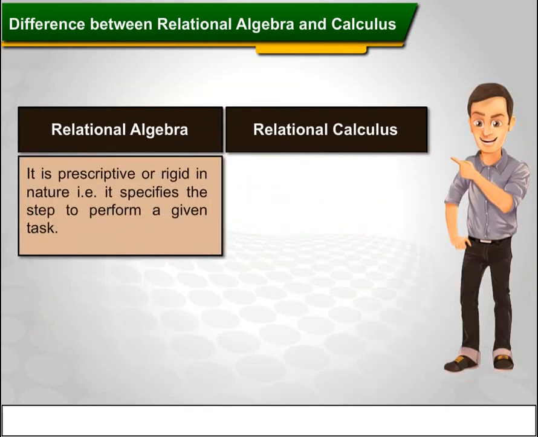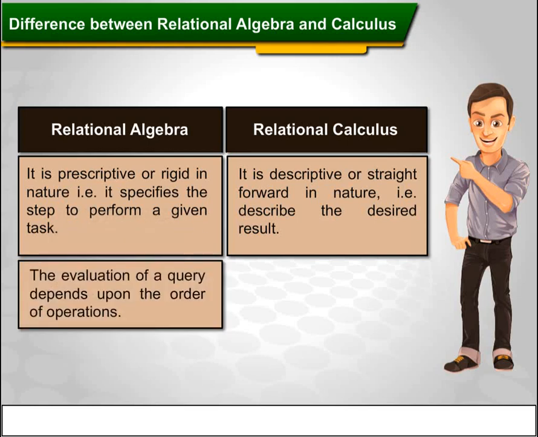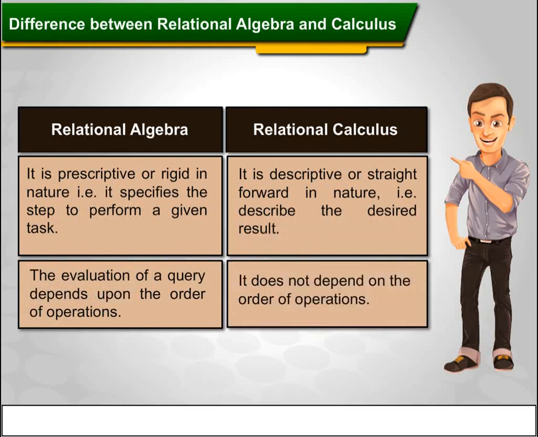Relational algebra is prescriptive or rigid in nature, that is, it specifies the steps to perform a given task. Calculus is descriptive or straightforward in nature, that is, it describes the desired result. The evaluation of an algebra query depends upon the order of operations, while calculus does not depend on the order of operations.